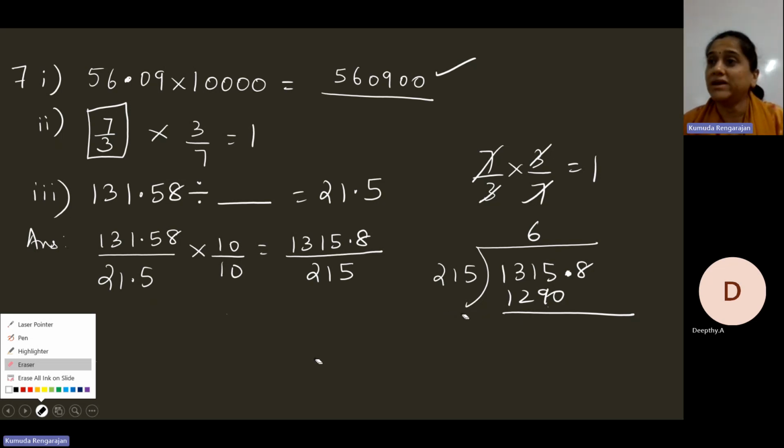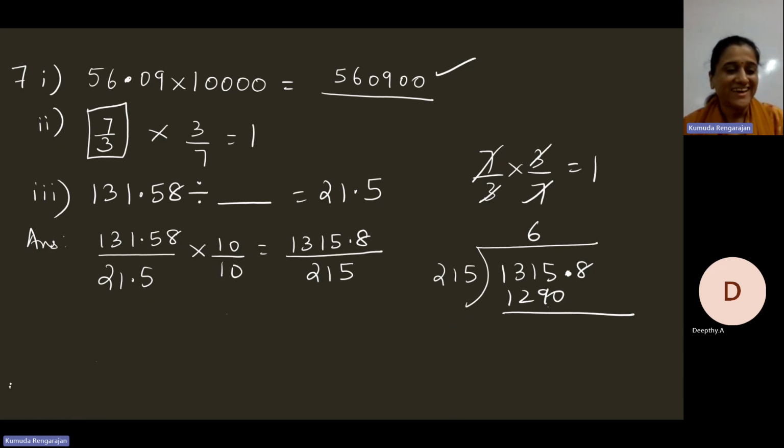I'm asking you the remainder. The remainder was 25. Now keep the decimal point and 8 comes down, right? Now it's 258. So 215 ones are 215. What's the remainder?